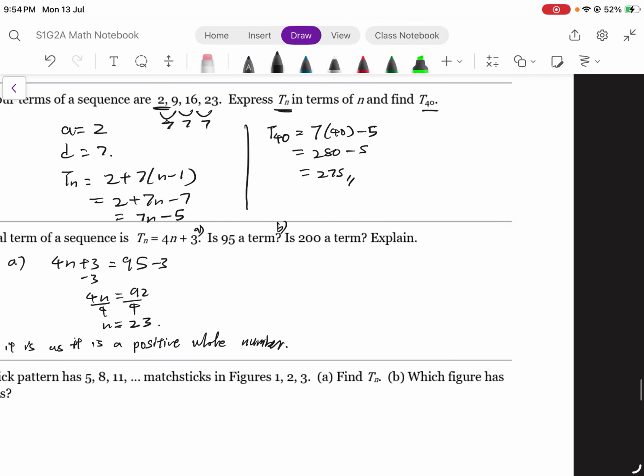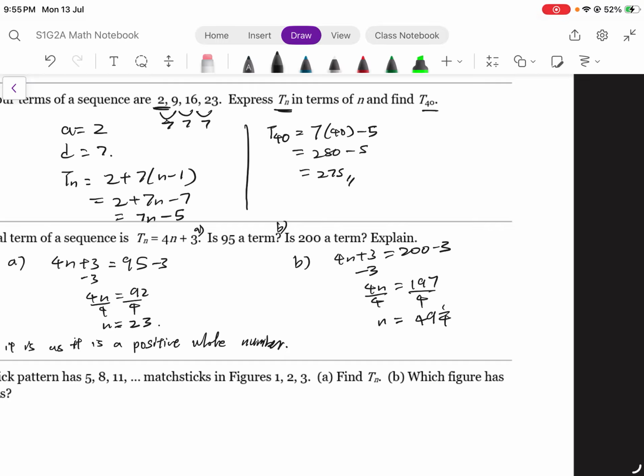Okay, so part B is 200 a term. Again, 4n plus 3 equals 200. So minus 3 minus 3, 4n equals to 197. Divide by 4 on both sides. n equals to 49.25.